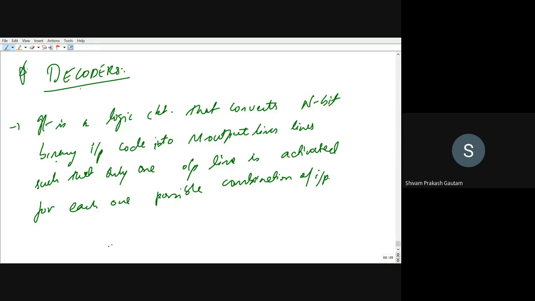Yes, sir. Okay, so it is a logic circuit that converts n-bit binary input code into m lines such that only one output line is activated for each such possible combination of input.